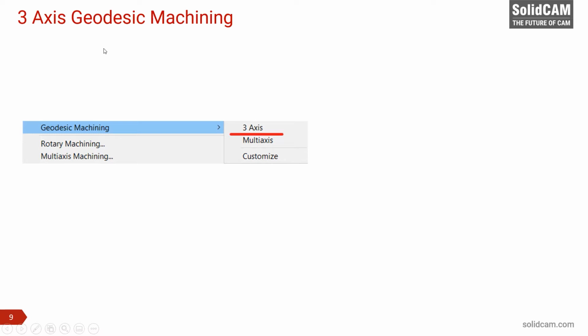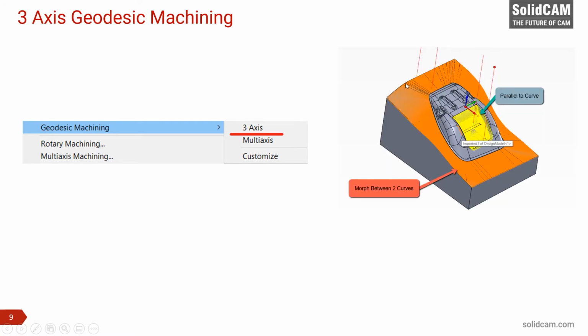Along with the HSR functionalities, in 2021 we introduced something called geodesic machining, which uses the power of consistent or constant step over using different formats of machining or different patterns of machining. We have got 2 patterns of machining, and this can be performed on a group of surfaces or over the entire solid model.